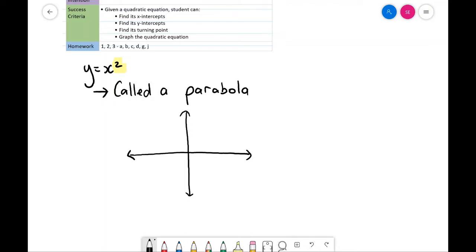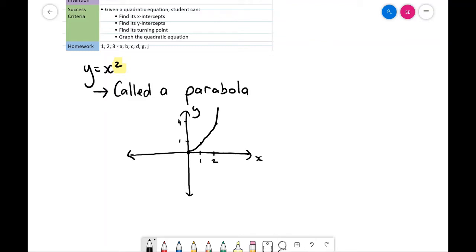When x is equal to 0, y will equal 0. When x is equal to 1, 1 squared is 1, so y will equal 1. When x is equal to 2, y will equal 2 squared, so y will equal 4. So it's going to look like this on this side.